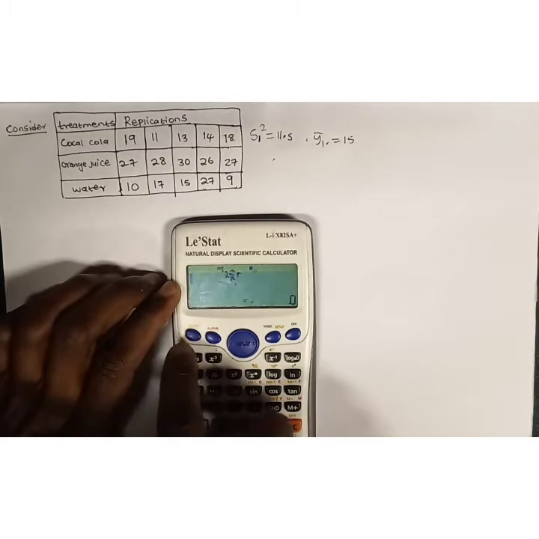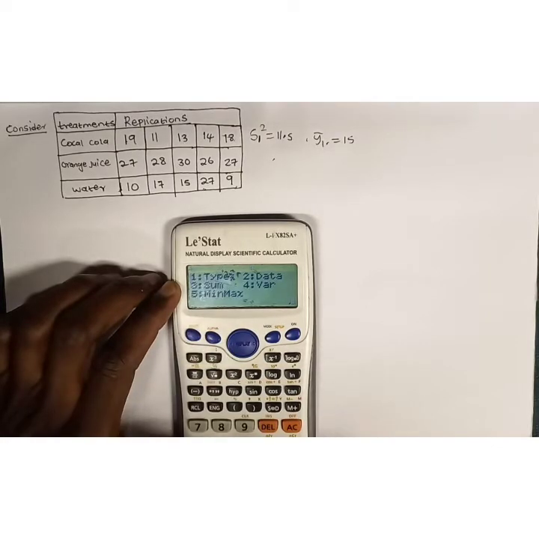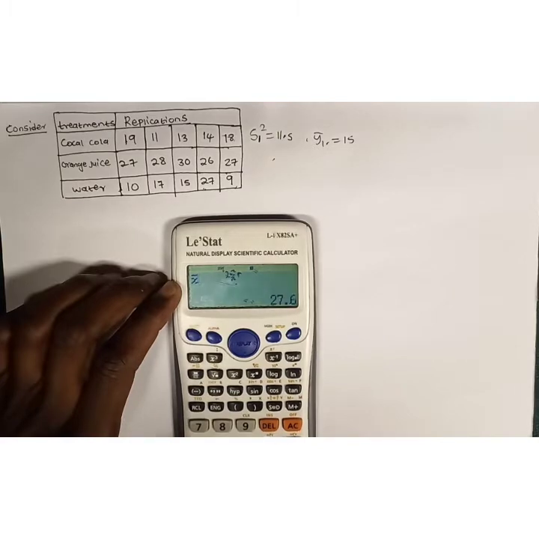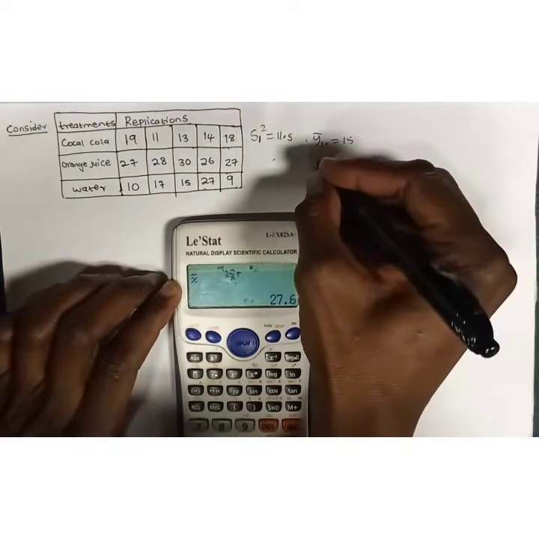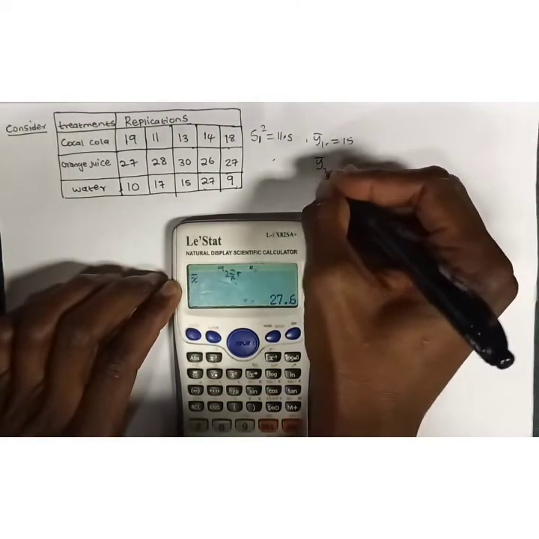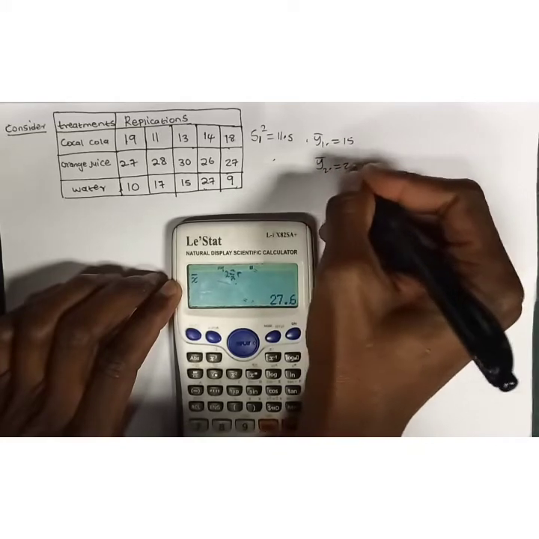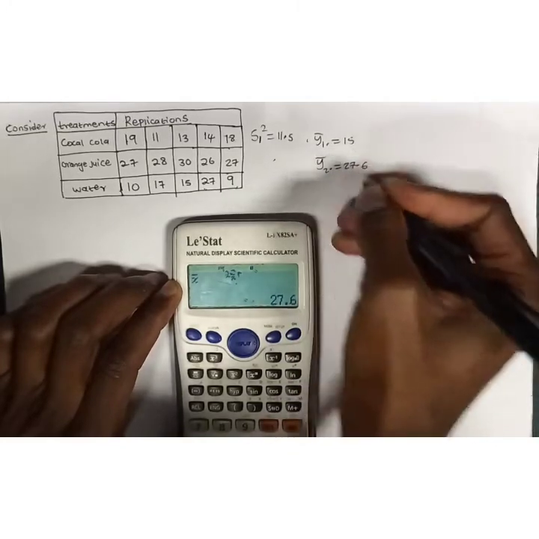AC again, Shift 1, 4, I find the mean. This for the second treatment is 27.6.